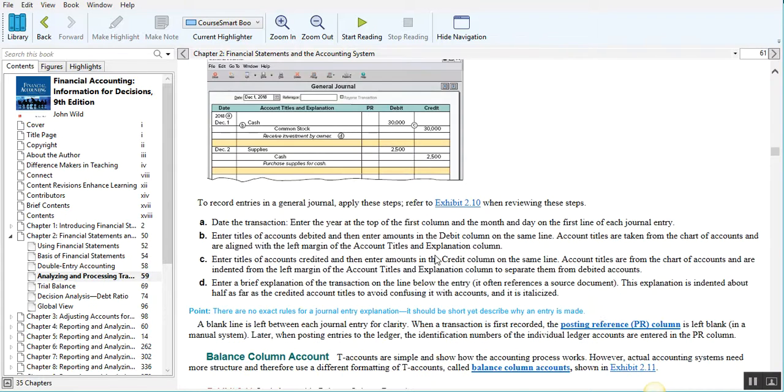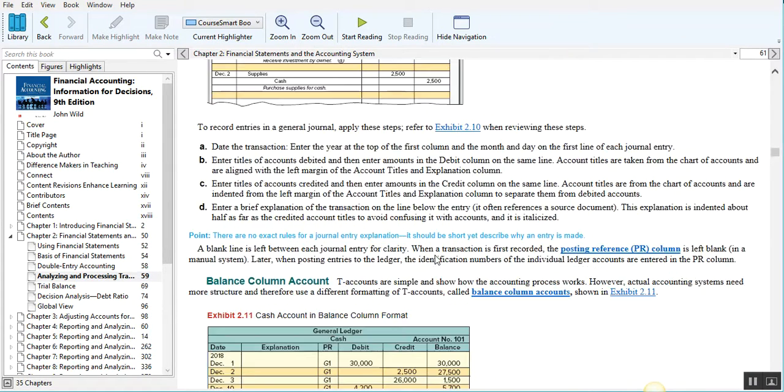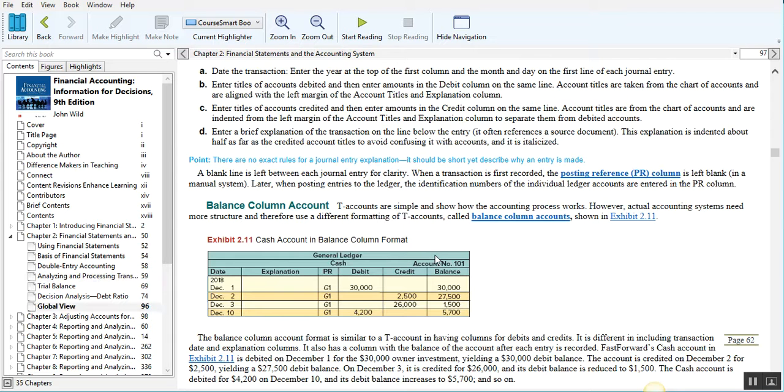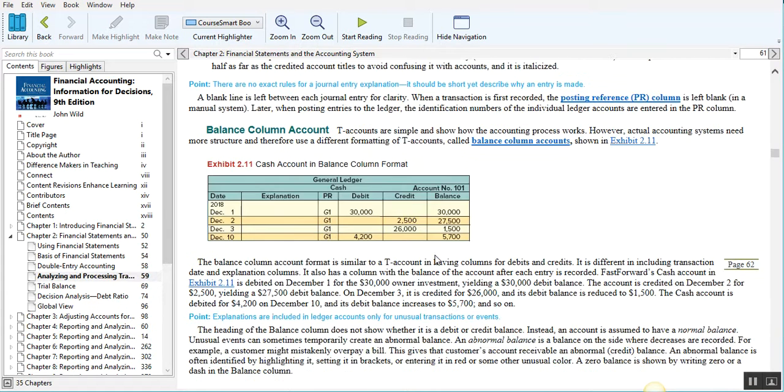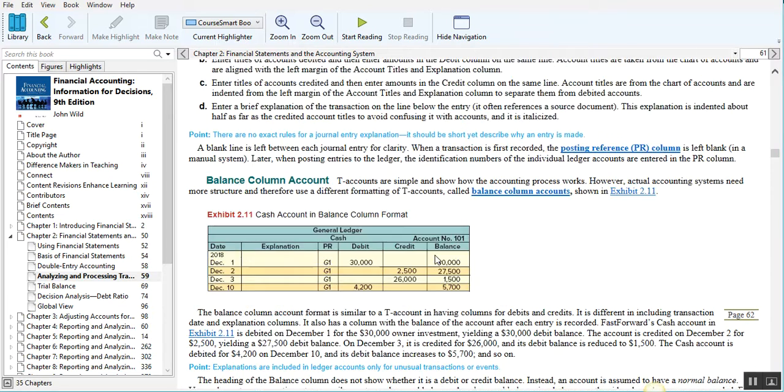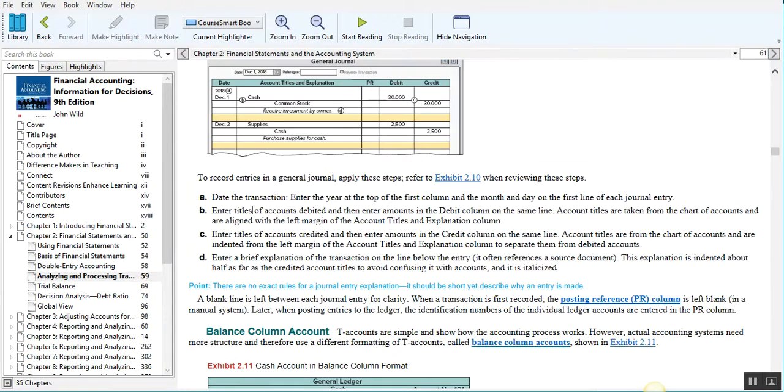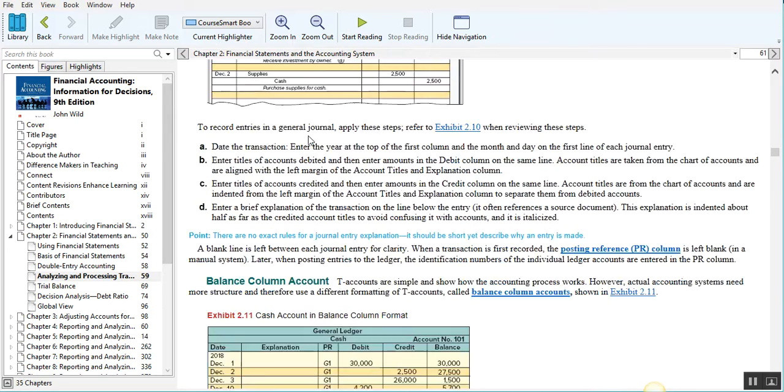So they give you the steps here to do the journalization, and that in itself is fairly straightforward. The biggest issue here is learning when you debit certain accounts and when you credit certain accounts. Now, when we talk about the general journal, we usually include a brief explanation under the transaction, and then we skip a line before we go to the next journal entry.